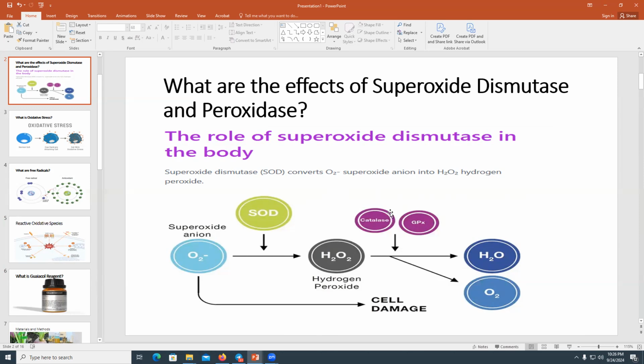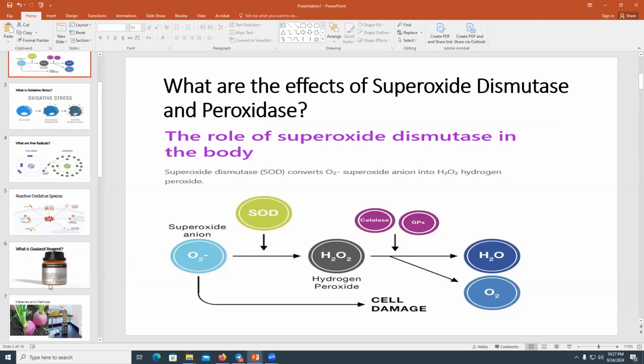The first reaction: peroxidase will oxidize hydrogen peroxide, converting it to water and oxygen. Then Guaiacol will come and bind oxygen and donate electrons to oxygen. Guaiacol will change from reduced Guaiacol, which is colorless, to oxidized Guaiacol, which is amber color, dark in color.